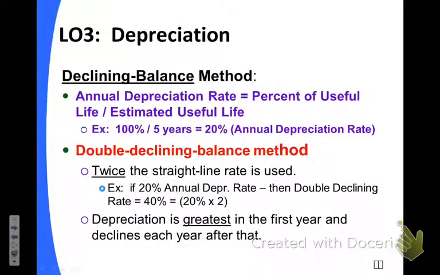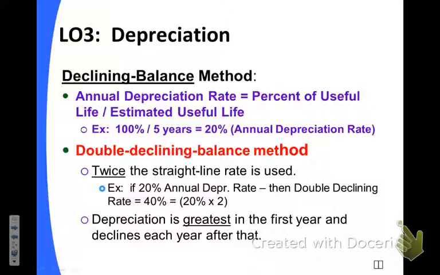In many instances, businesses will use what we call the double declining balance method. In that approach, we first figure out the annual depreciation rate based on the estimated useful life of the asset. We assume we're going to depreciate the asset fully over its useful life, so 100% divided by the estimated useful life in years gives us a rate.